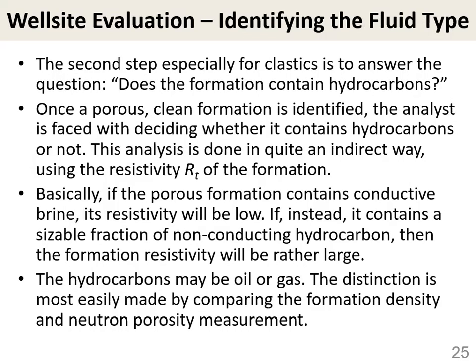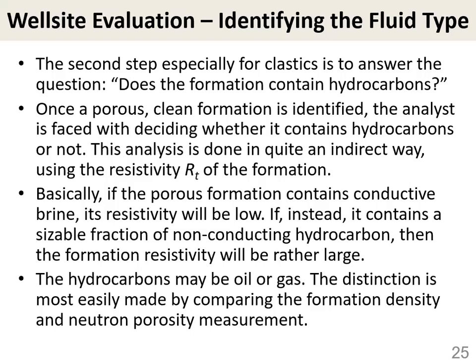So we've talked about identifying clean sand. The next step would be: does that formation contain hydrocarbons? Once a porous clean formation is identified, the analyst is faced with deciding whether it contains hydrocarbons or not. This analysis is done in an indirect way using the resistivity of the formation.